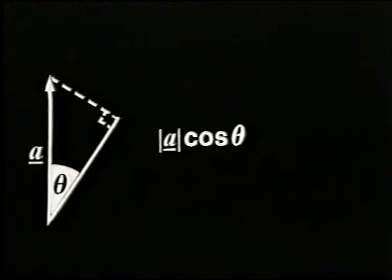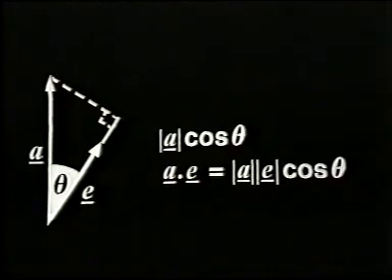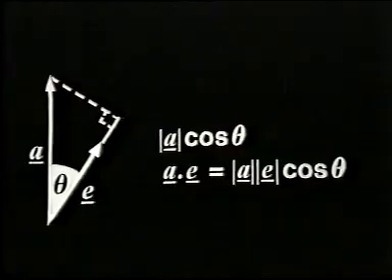But if this line was in the direction of a unit vector E, then the dot product, A dot E, that is the magnitude of A times the magnitude of E times cos theta, will give us the same answer, because the magnitude of E is 1. It's a unit vector. So to summarize, if we define a direction by a unit vector E, then the projection of a vector A on that direction is just A dot E, the dot product of two vectors.